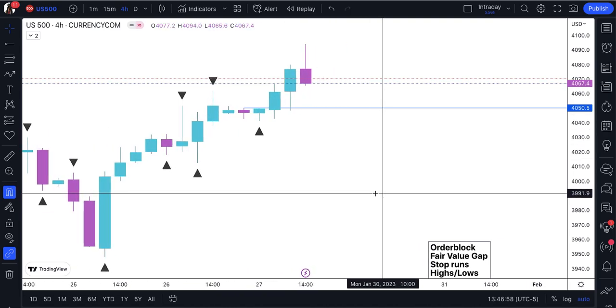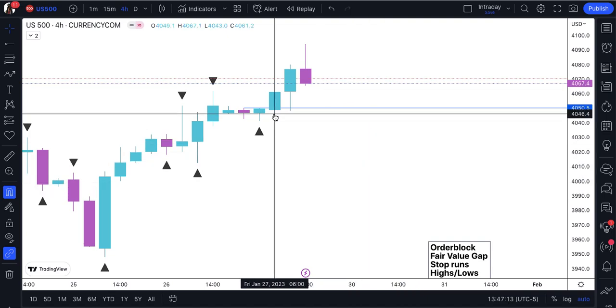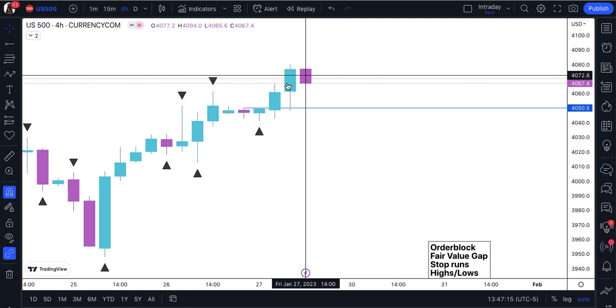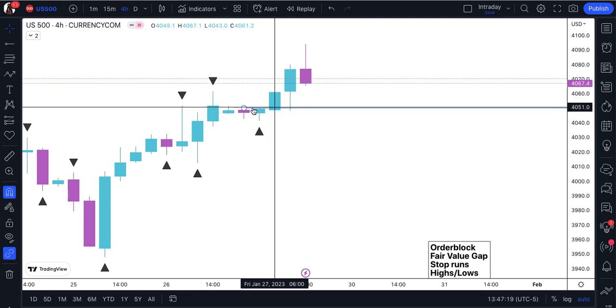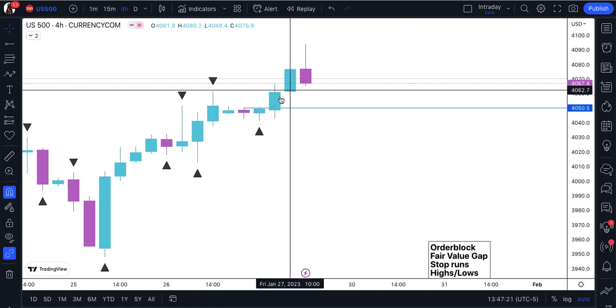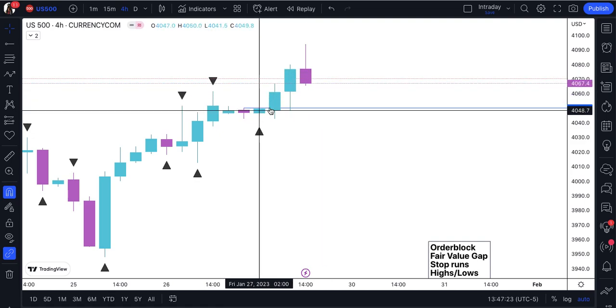Now, order blocks happen on all time frames. Price is fractal in the markets, meaning the exact same thing repeats on every single time frame. Everything repeats. So within this order block formation, you will probably have on a smaller time frame another order block, and then on the smaller another order block.